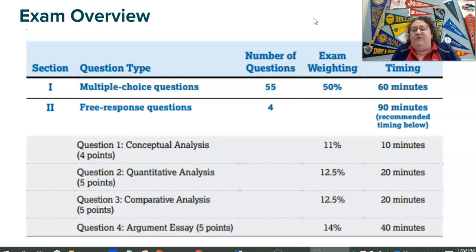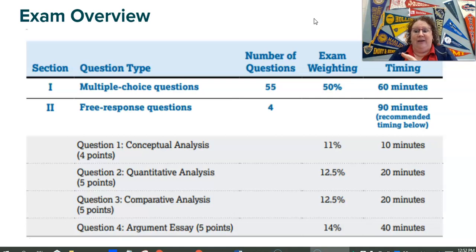We have 55 multiple choice questions, which is half of your test, and you have 60 minutes to do those. There are 4 free response questions, and you get 90 minutes, with recommended times for each. You have a conceptual analysis, a quantitative analysis, a comparative analysis, and then your argumentative essay.